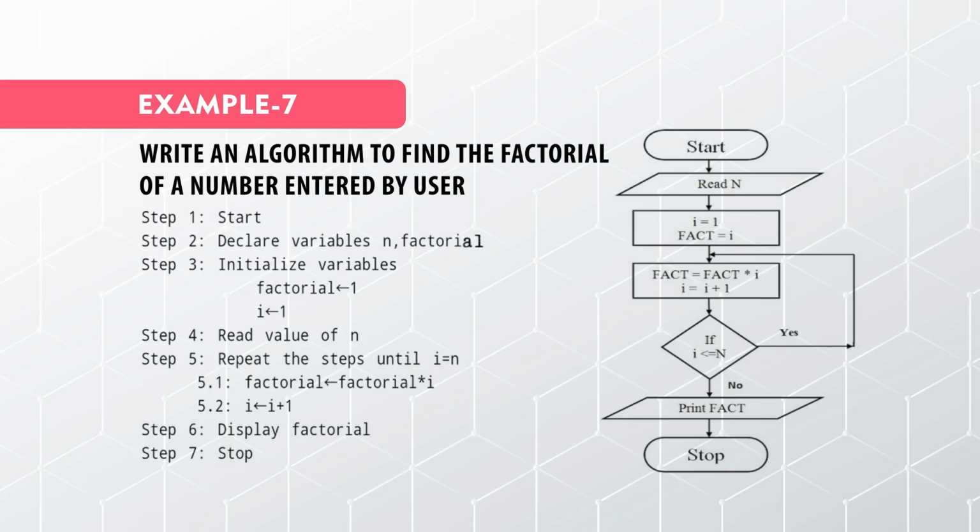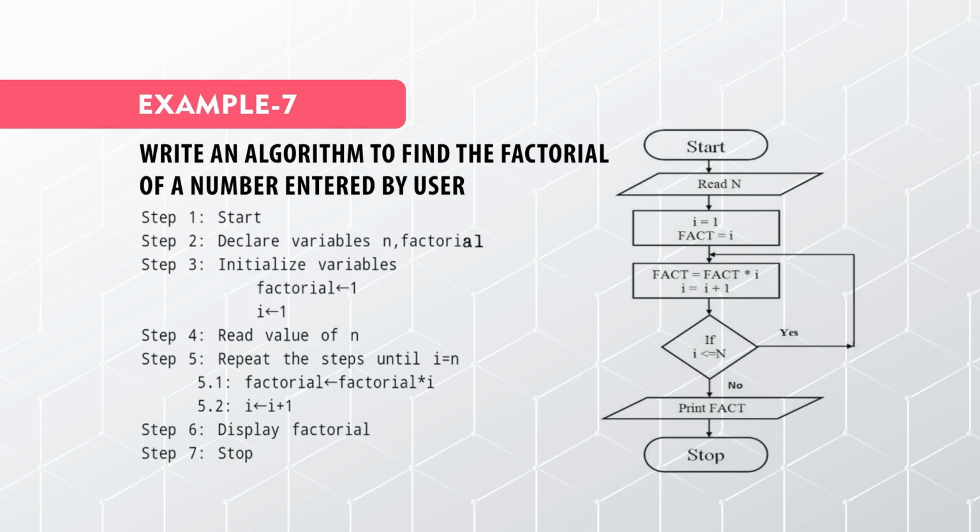And I is equal to I plus 1, so I will now become 2. The step repeats: factorial is equal to factorial into I, that is 1 into 2, so 2 is stored in factorial, and I is incremented to 3.